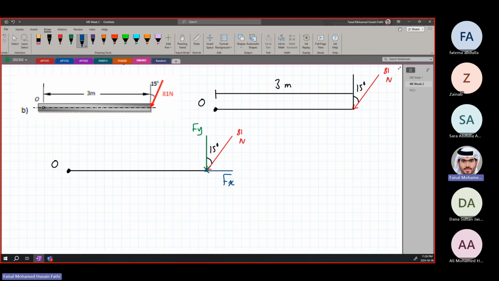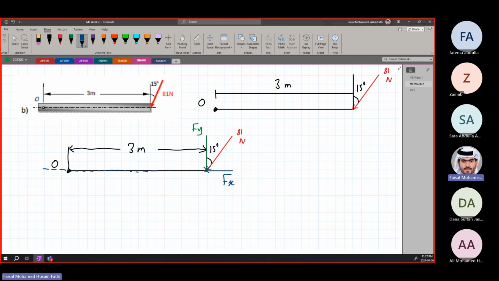So to find the perpendicular distance now, we have the perpendicular distance from Fy to O. We know it's 3 meters. All the way from here to the O. Right? But what about Fx? Do we have a perpendicular distance? No. Why? Because it is acting exactly in the same line as O. Meaning if you notice, Fx is exactly on the same line as where O is.